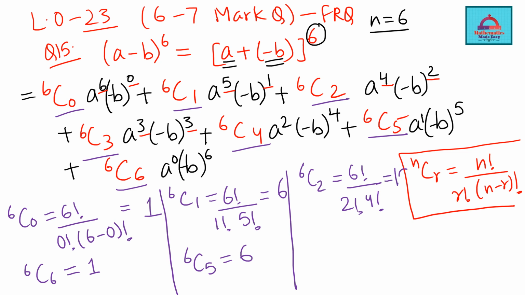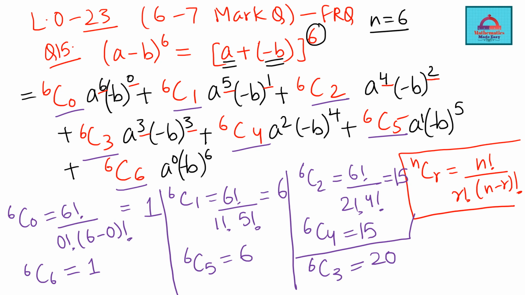And the symmetric one to this will be 6C4, which is also 15. Finally, I'm just doing it in a quick manner, 6C3 will be equal to 20. So have we got all coefficients? Let's check: 1, 2, 3, 4, 5, 6, 7. Everything is there.